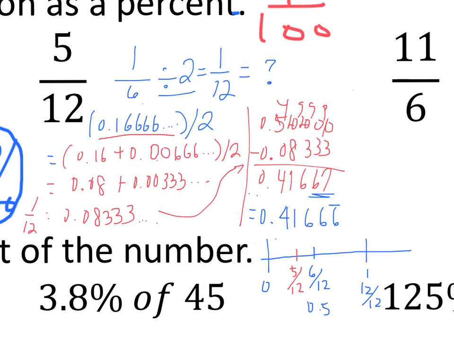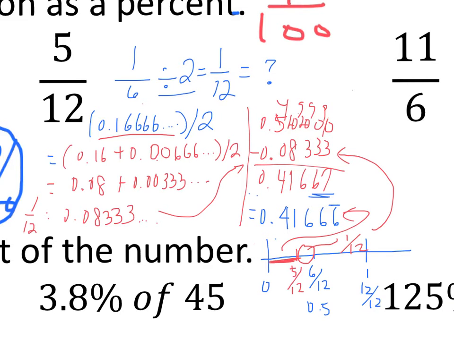And we need to find the length from 0 to 5 over 12, okay, which is 0.416 repeating. So we need to take away this little part here, which is equal to 1 over 12. 1 over 12, remember, is equal to 0.08333.